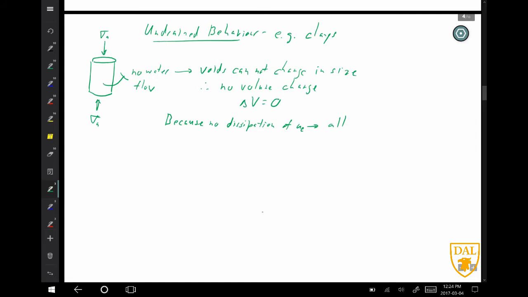If you remember consolidation theory, all the extra loading originally goes to the water pressure until consolidation occurs, and then it starts to shift from the water to the soil grains. Eventually, once it's fully consolidated and the excess pore pressure is zero, all the load is on the soil grains through effective stress, and none of it is in the water through the excess pore pressure.